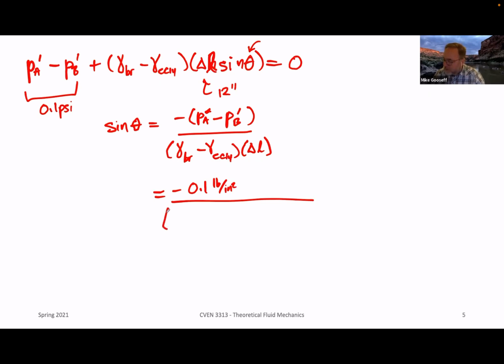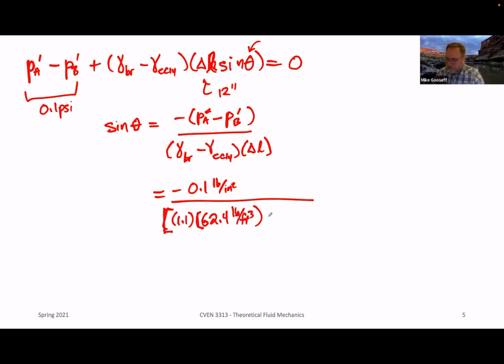I'll go ahead and make these brackets because we're going to have 1.1 times, this is for the specific weight, pardon me, of the brine. We have the specific gravity times the specific weight of water, and in English units, that's 62.4 pounds per foot cubed.